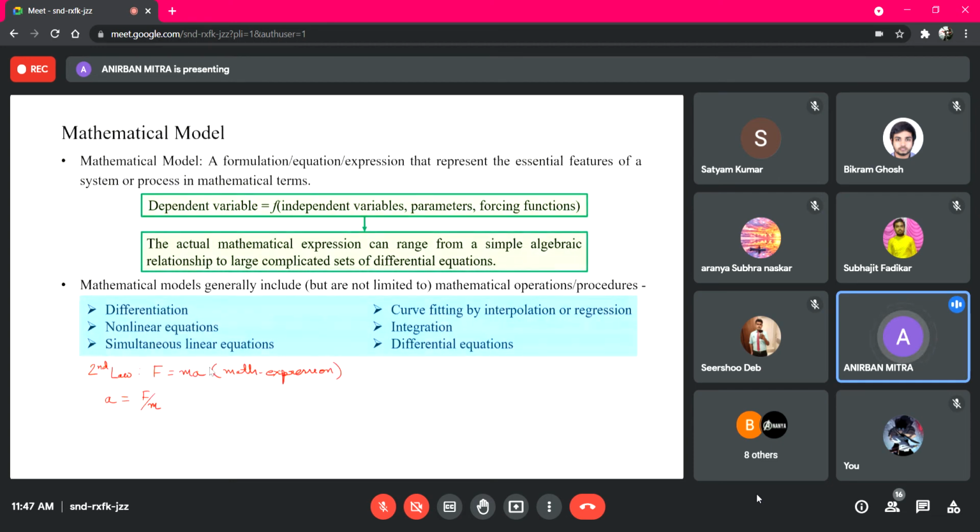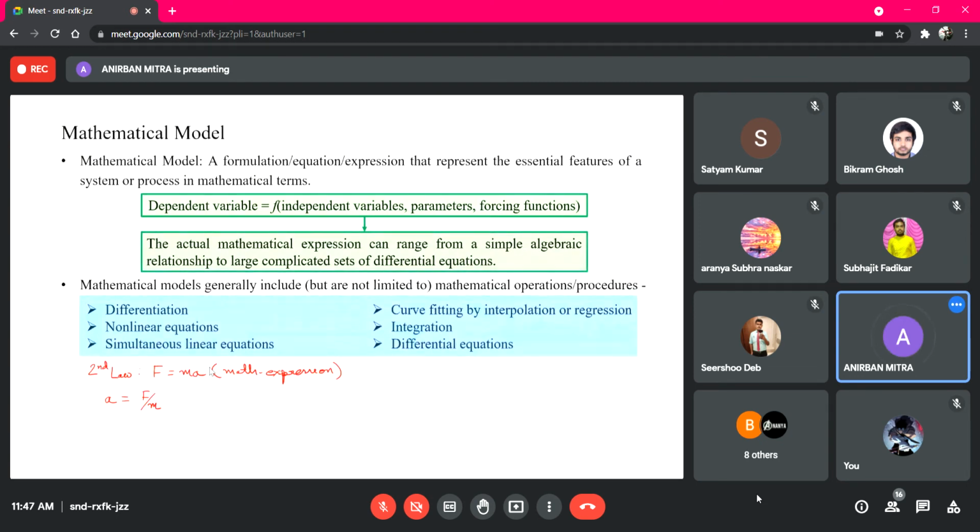What would be the position of the pendulum at time t equal to say 5 seconds? So you are trying to predict something, and that is when the independent variable comes into picture. In this very simplified mathematical representation of the second law, that predictive nature is not yet present here.